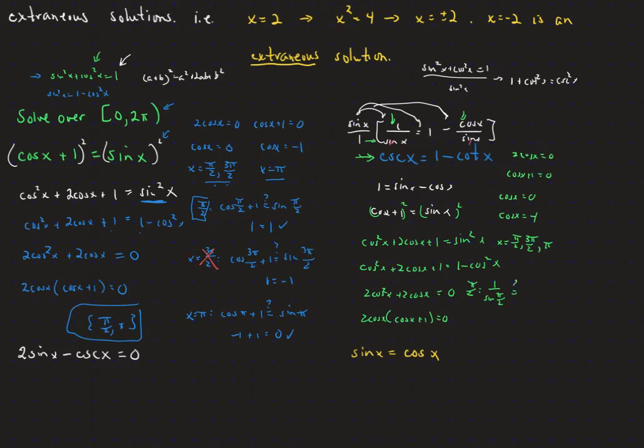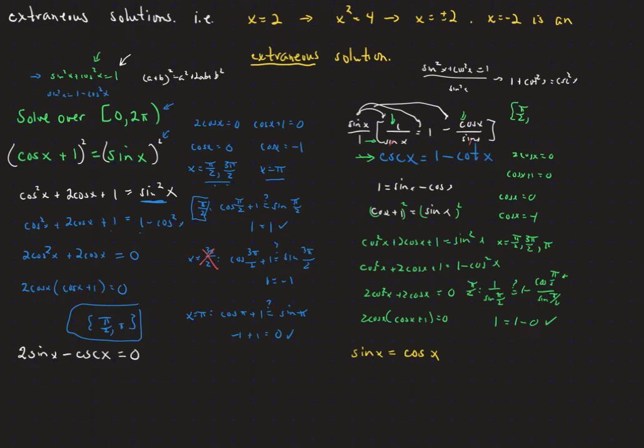Is that equal to, perhaps, 1 minus cosine of pi over 2 over the sine of pi over 2? Sine of pi over 2 is 1, so 1 over 1 is 1. And the cosine of pi over 2 is 0, and 0 over 1 is 0, and so that does check out. So I'm going to come up here and say pi over 2 is going to make it into our final solution set.